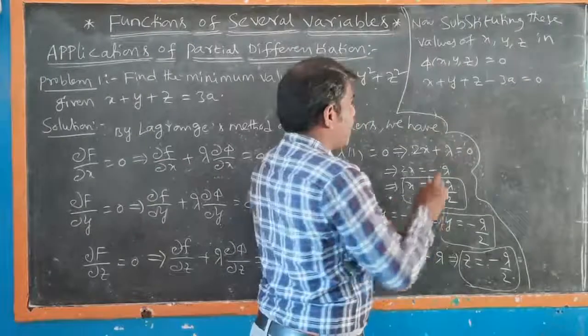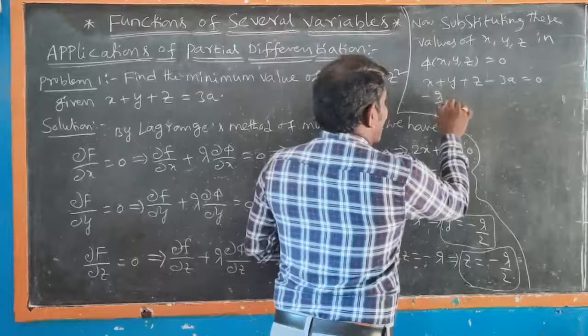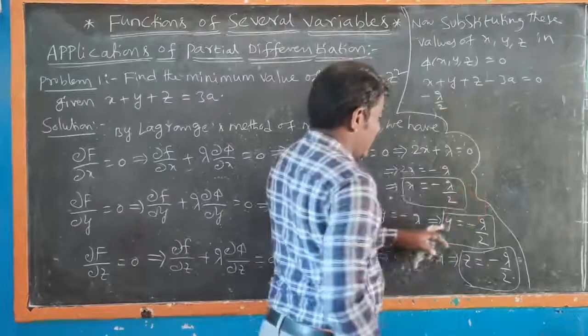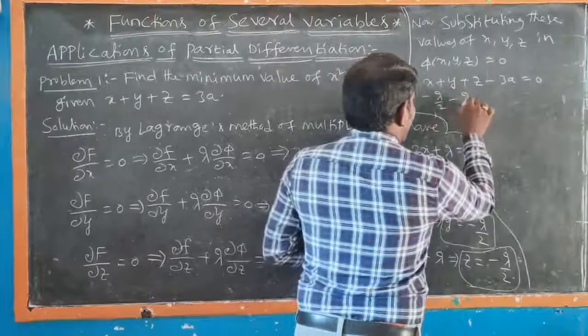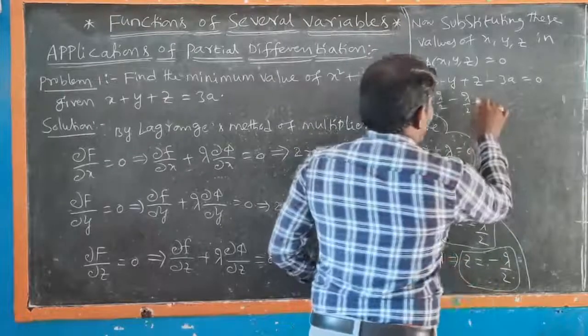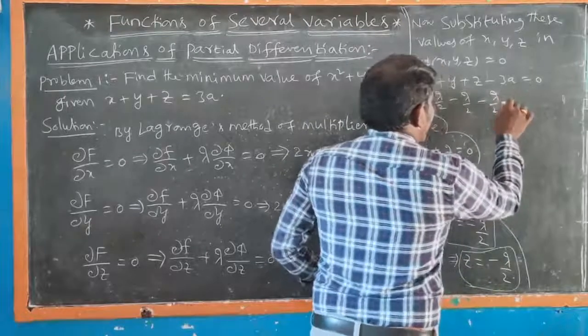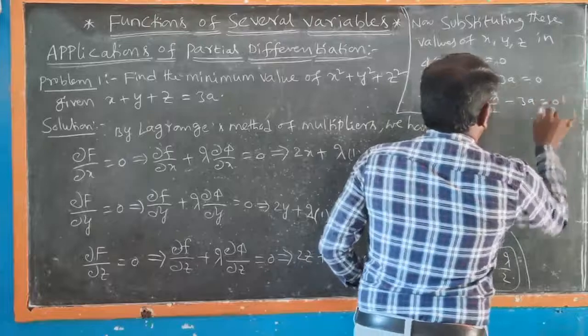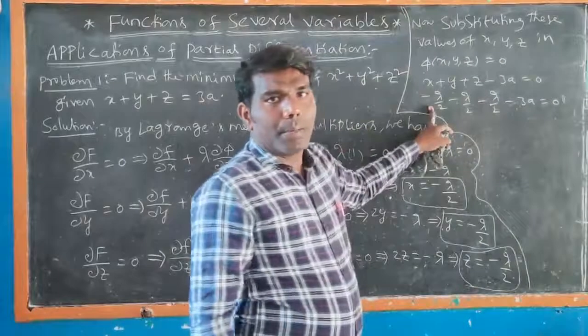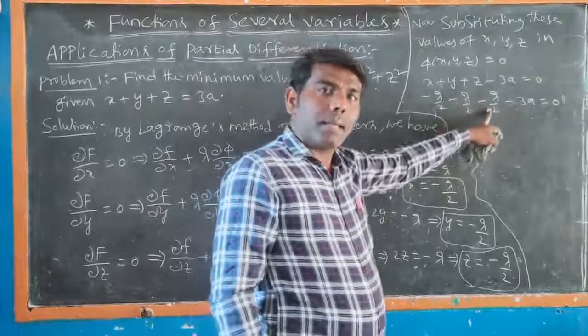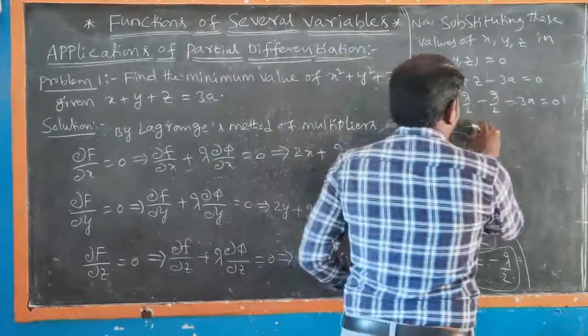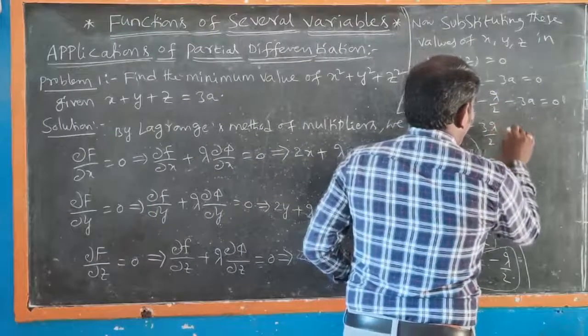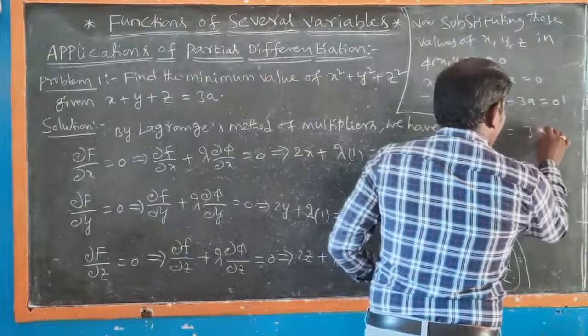What is x? Minus lambda by 2. What is y? Minus lambda by 2. What is z? Minus lambda by 2. Minus 3a equal to 0. So minus lambda by 2, minus lambda by 2, minus lambda by 2. Finally, minus 3 lambda by 2 is equal to 3a.